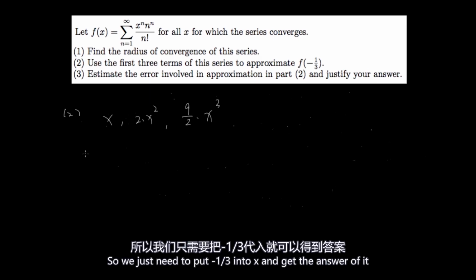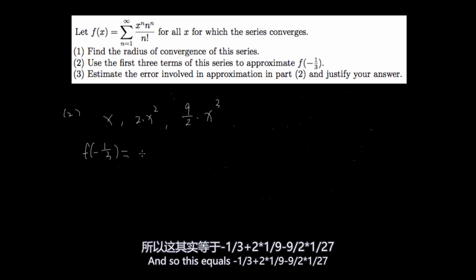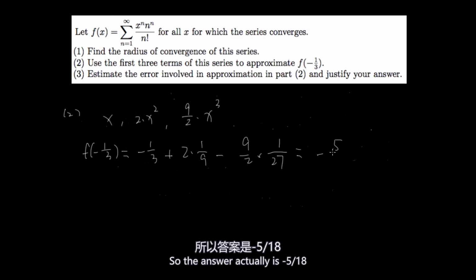So we just need to put negative 1 over 3 into x and get the answer of it. And so this equals to negative 1 over 3 plus 2 times 1 over 9 minus 9 over 2 times 1 over 27. So the answer actually is negative 5 over 18.